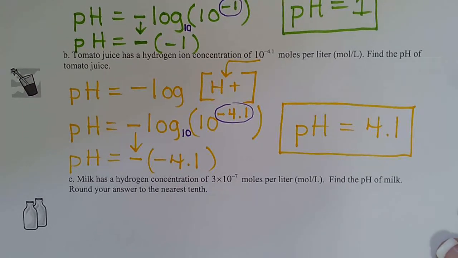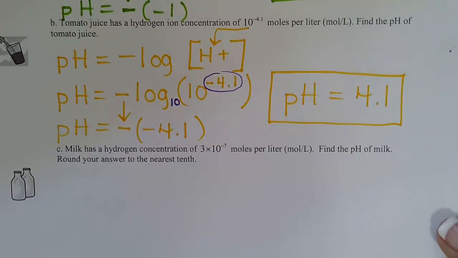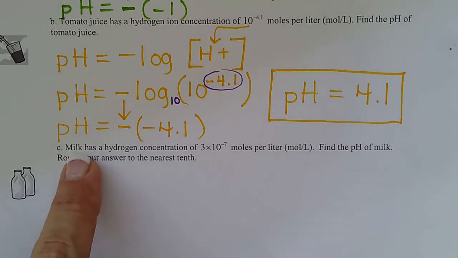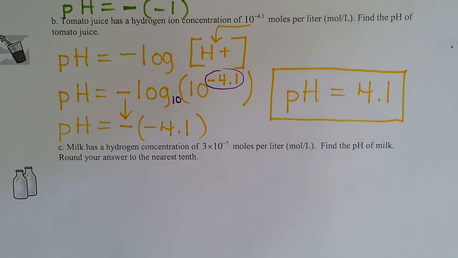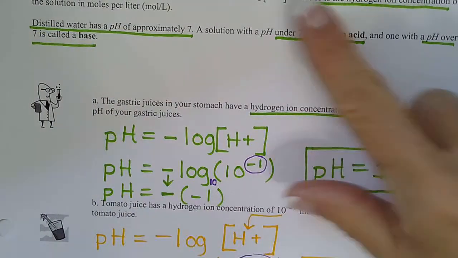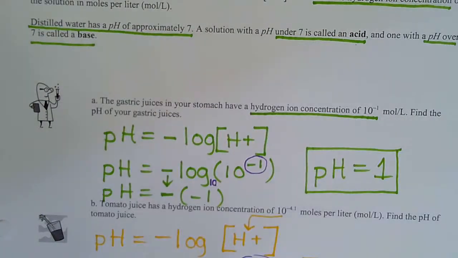Now, I remember when I was young, my mom used to drink milk because she had an ulcer. So an ulcer is caused by acid. So my guess is milk is going to be pretty close to distilled water, or maybe it's going to be a base.